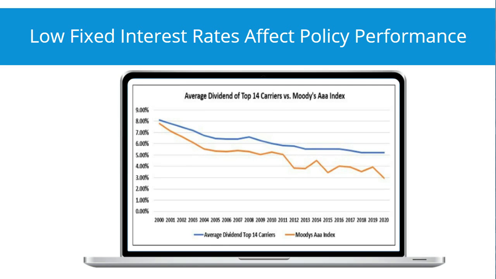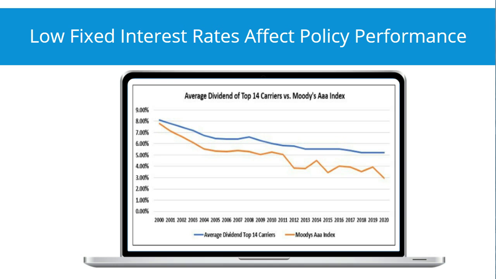And we can see the effect, for example, on whole life dividends, which have been sliding for the last 30 years. A large portion of their investments is in high-grade bonds, so the performance of Moody's AAA Corporate Bond Index is often used as a proxy. Dividends will run a bit higher than the index because they include profits gained from the carriers' operations, but dividends will typically track along with the index.